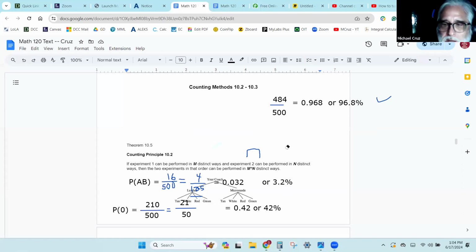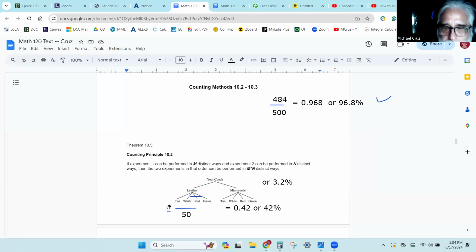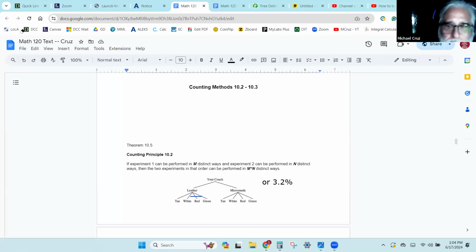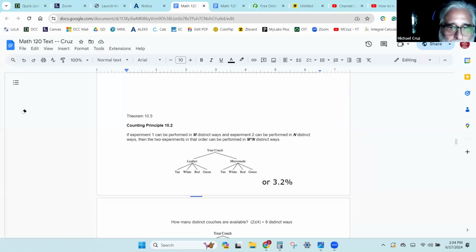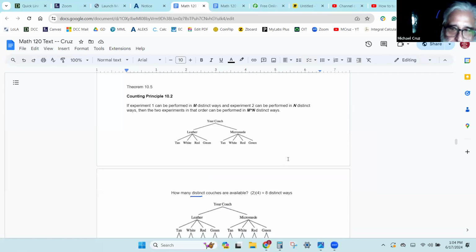All right, and this is that same problem that I was using for illustration. It was in the book, so we'll just go through it again. The counting principle just basically tells us that if we take two experiments and combine them, then the total number of outcomes is going to be based upon the number of elements in experiment 1 times the number of elements in experiment 2.